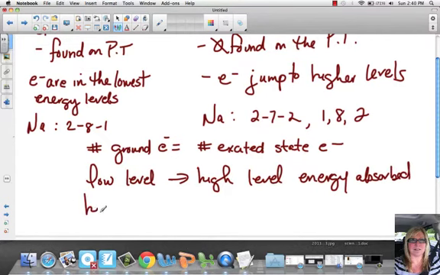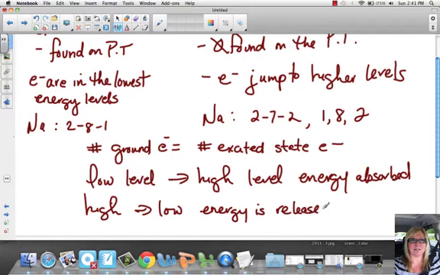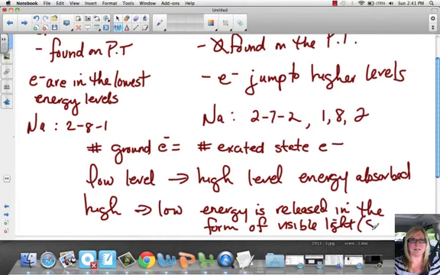And then when you go from high to low, energy is released in the form of visible light, which we refer to as spectra.